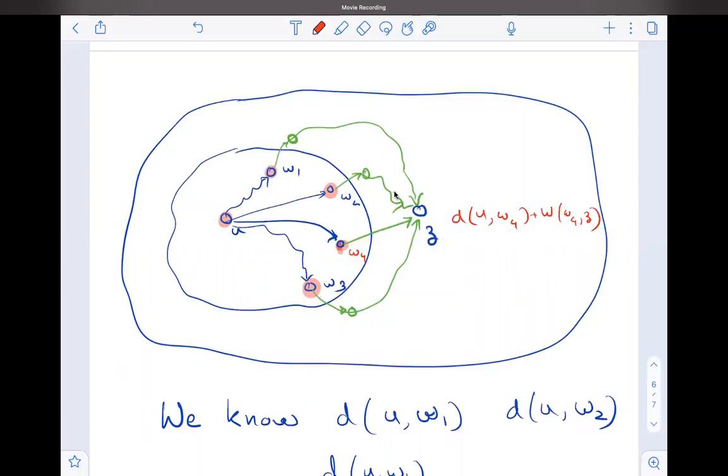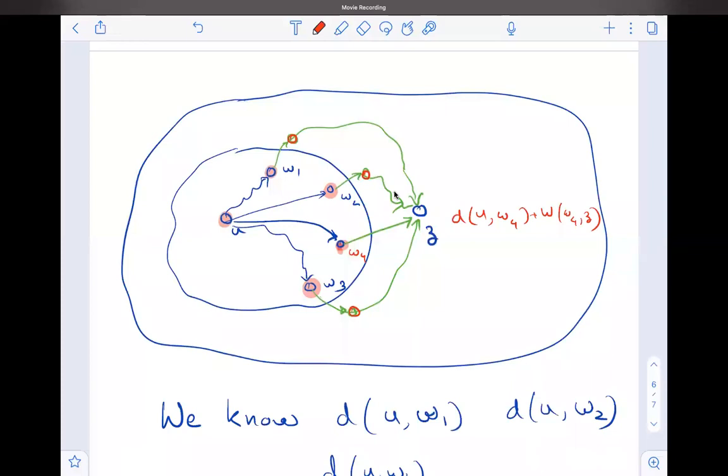We can also find the potential shortest path between U and this vertex, right? Each of these vertices can be reached in one step from this blue color.